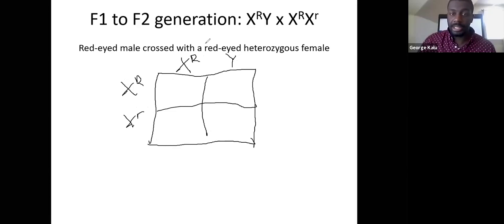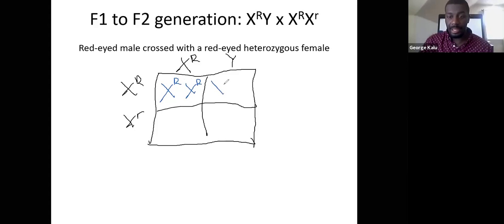Okay, and this first box, what would we come up with? Right, X big R, X big R. What about this top right? X big R Y, perfect.